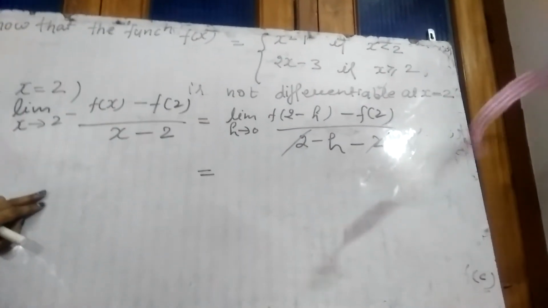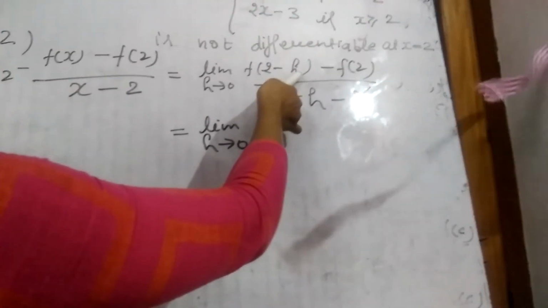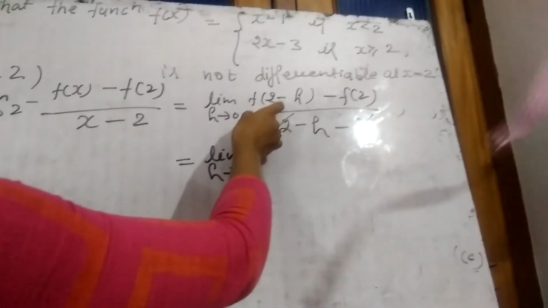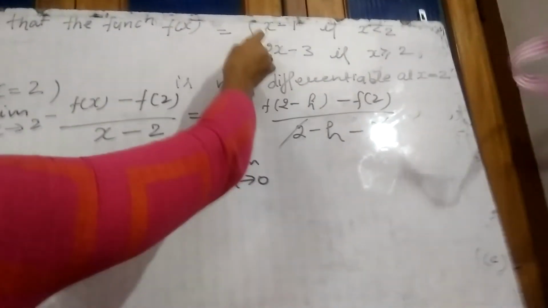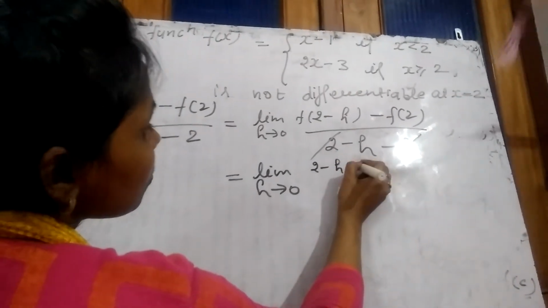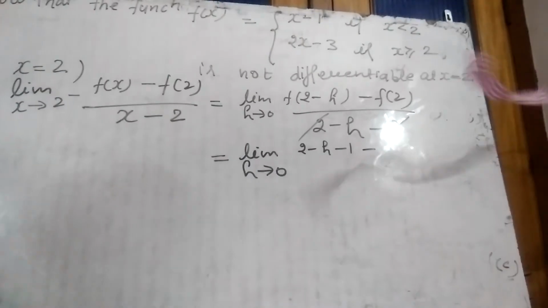When the value of x is less than 2, then the value of f(x) is x - 1. So the limit as h tends to 0 of ((2 - h) - 1 - f(2)) upon (-h).